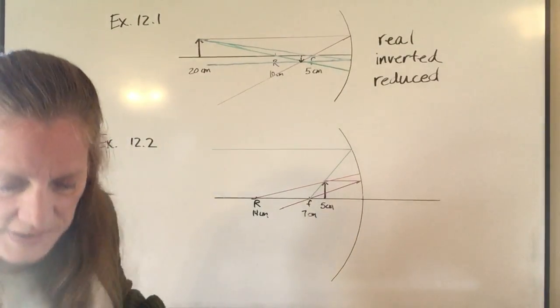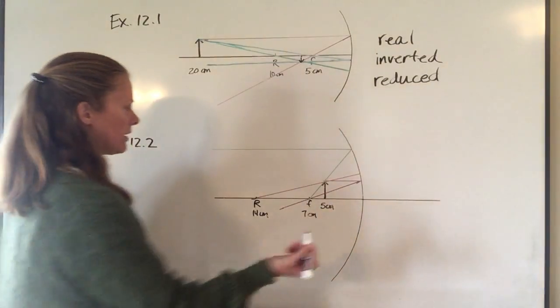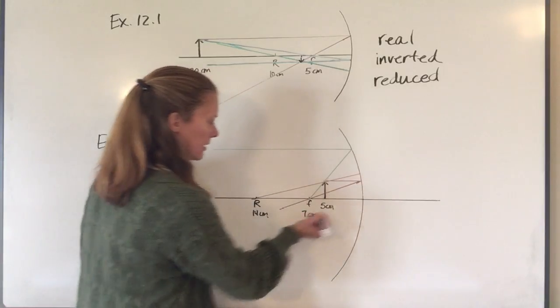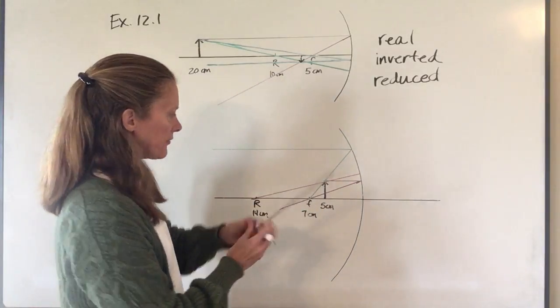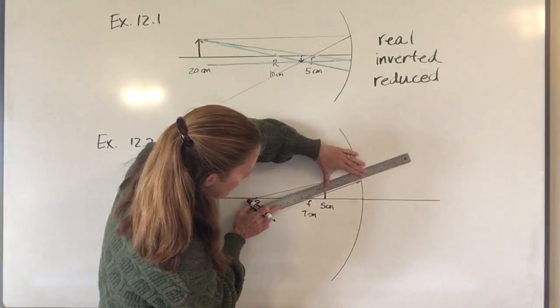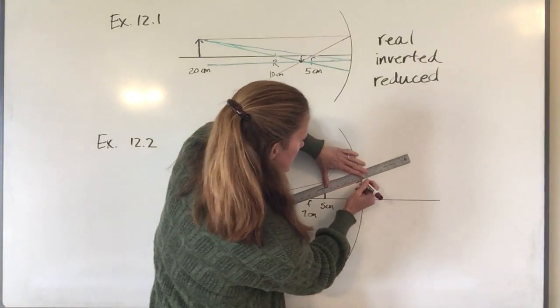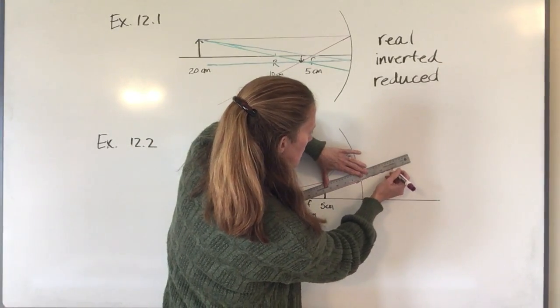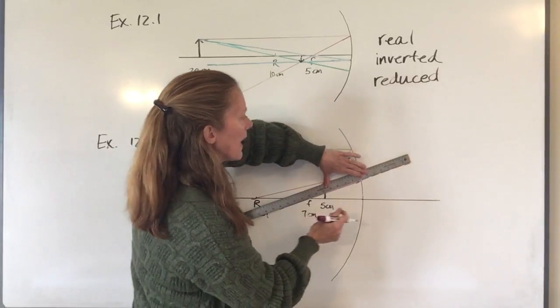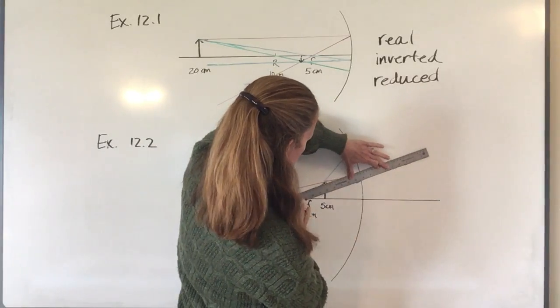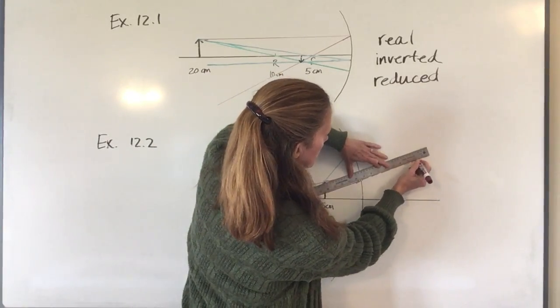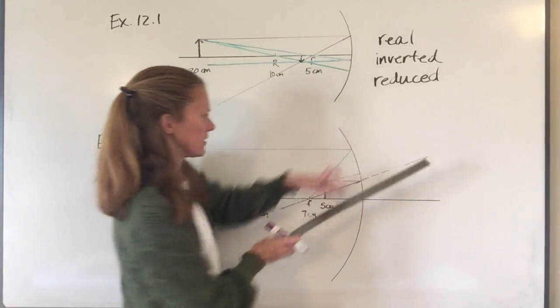So if I take this ray that went in parallel and went back to the focal point, and if I extrapolate it backwards like this, extrapolate that one backwards, I may have to go a little bit further with that one, like this.